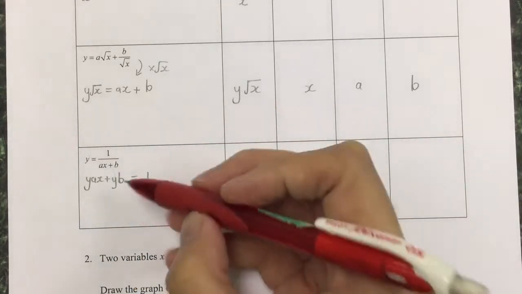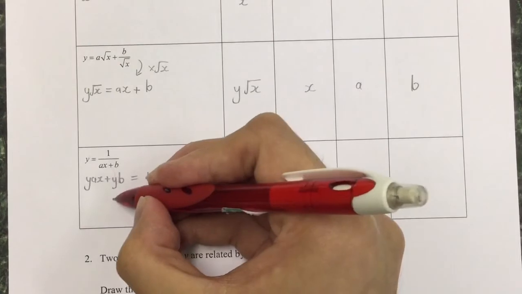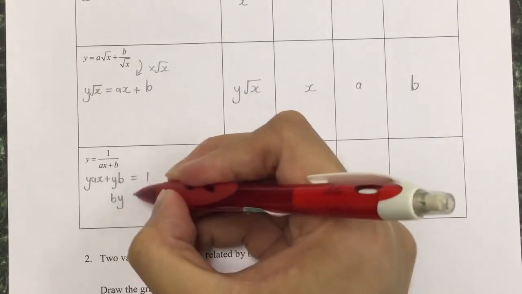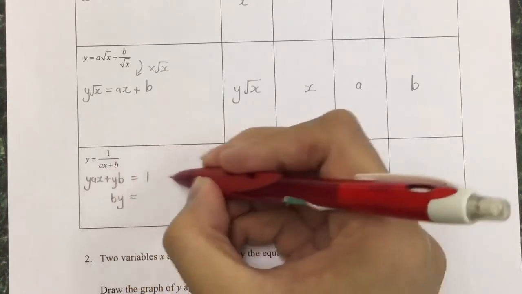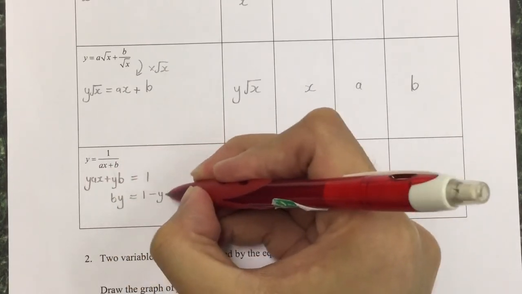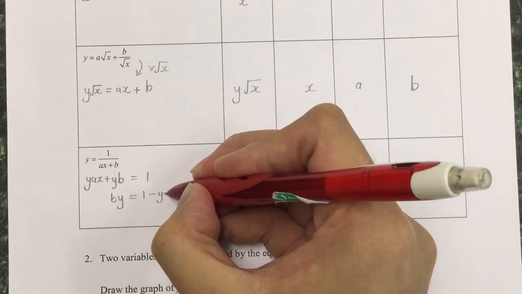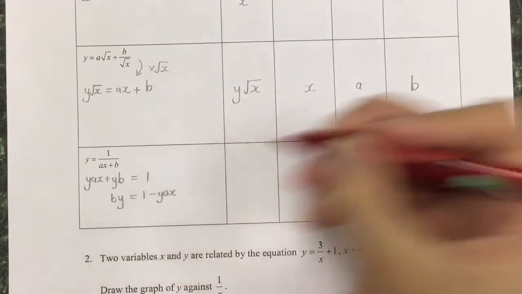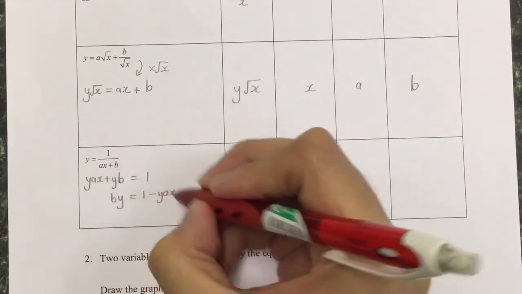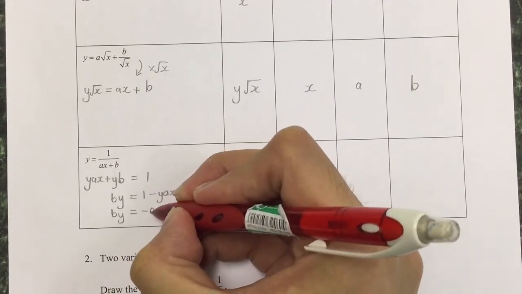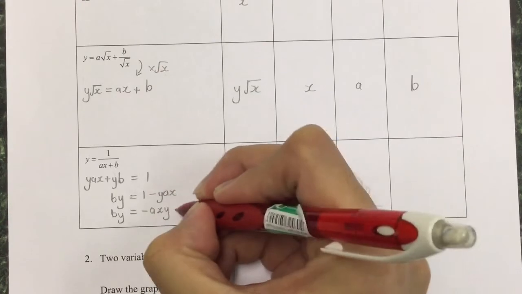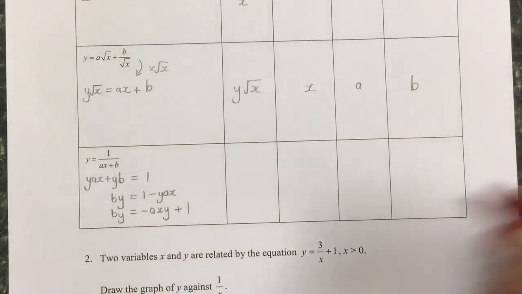So now I'm going to do a minor rearrangement. I'm going to bring this term over, subtracting on both sides, so 1 minus y ax. Okay, actually this is not the best way to represent it. Maybe I'll just rewrite it again. Negative axy plus 1.